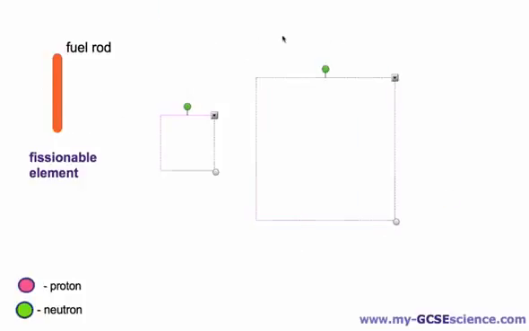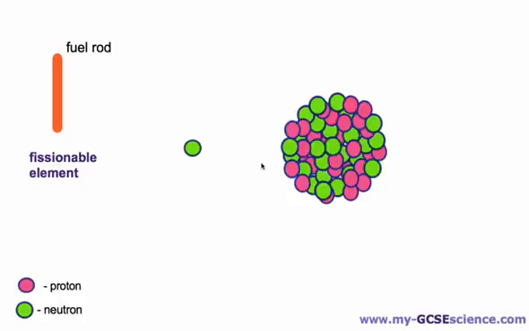Now, to start off with, we have our fuel rod. I've just drawn one from the previous diagram. It's a fissionable element, and we said that was either uranium or plutonium. What happens is we can work with the nuclei of either of those elements, and we can fire a neutron into the nucleus of one of those elements. So let's pretend we're working with uranium 235.